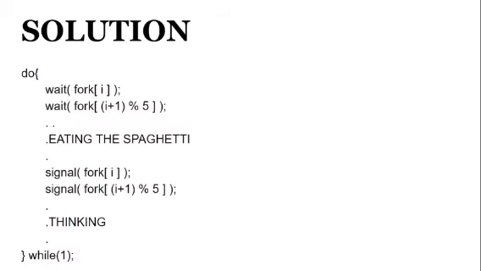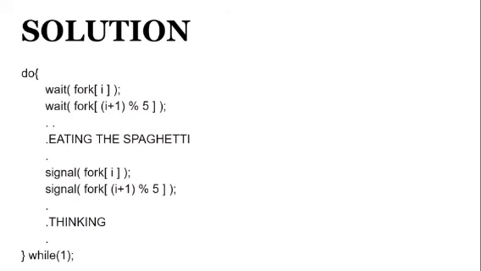Now, in the above structure, we see that the elements of the fork are initialized to 1. Now, why is it initialized to 1? It is because the forks are kept on the table and not picked up by the philosophers yet, and hence they are initialized to 1.